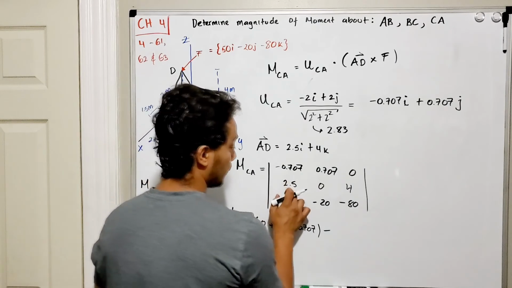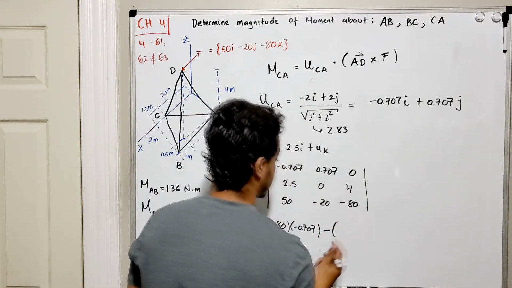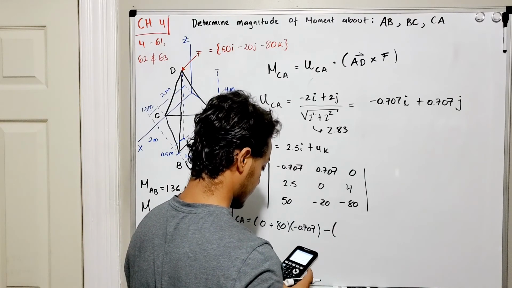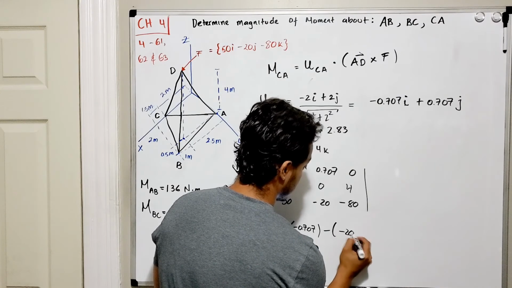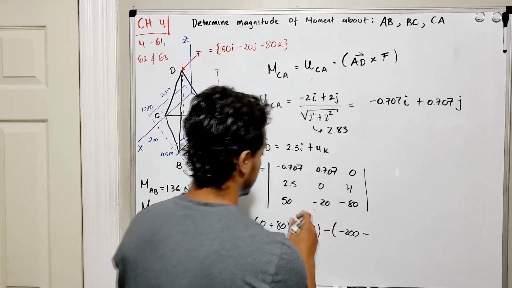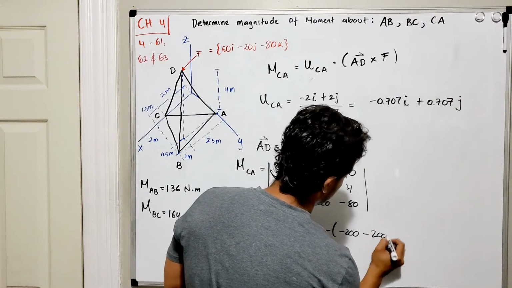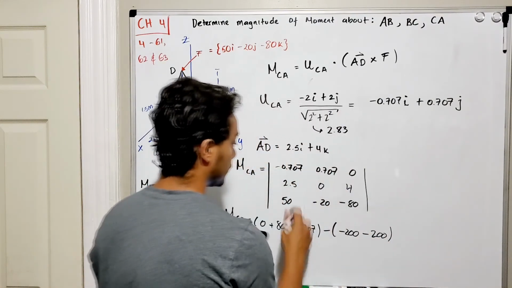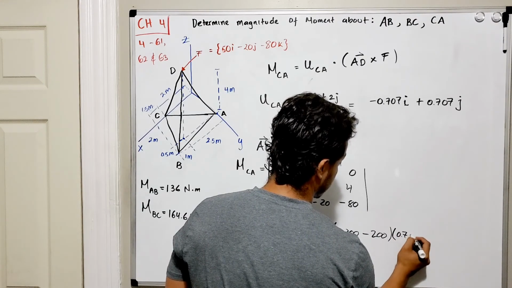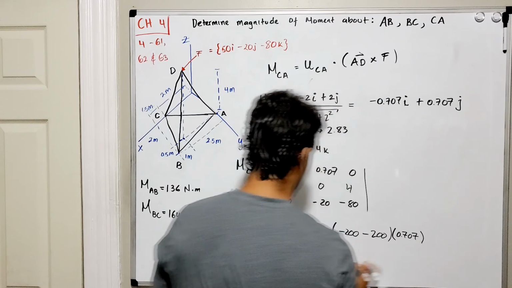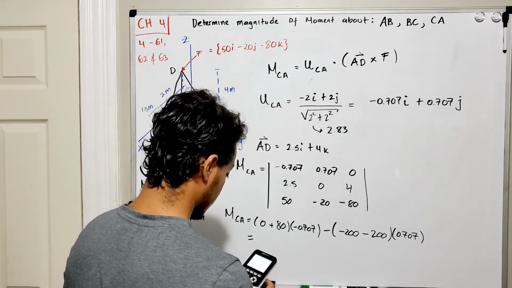Then we need to multiply 2.5 by our negative 80, which is equal to negative 200. Then we do minus 50 multiplied by 4, it's 200 positive. Okay, and we multiply this by our positive 0.707.